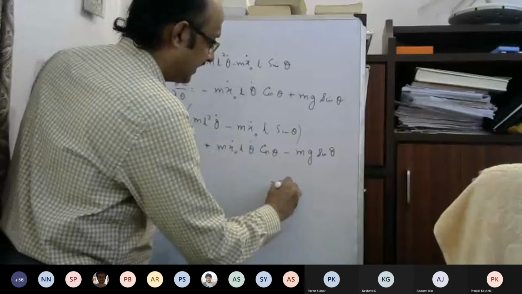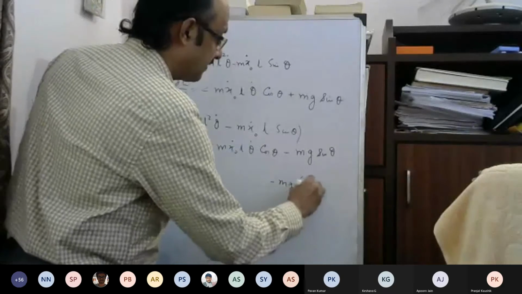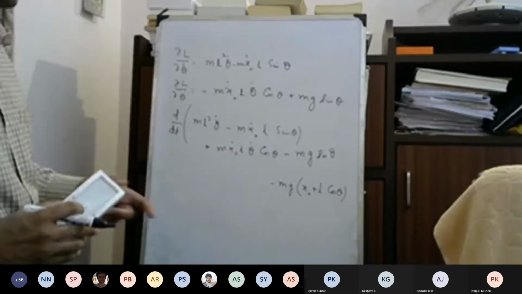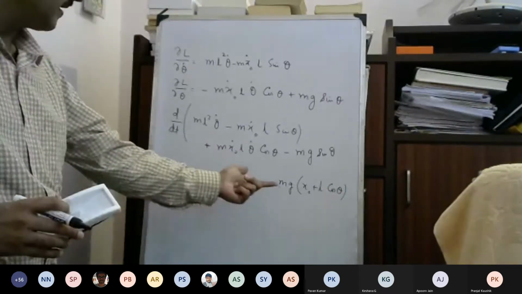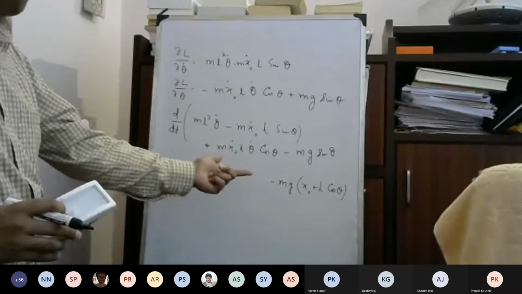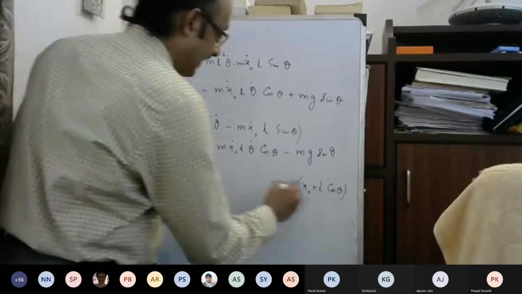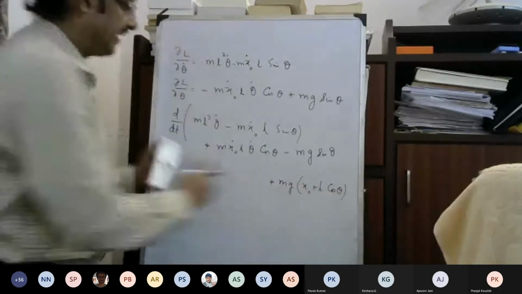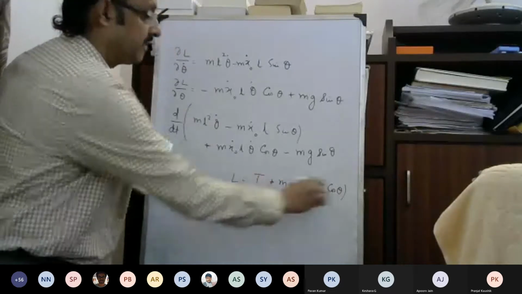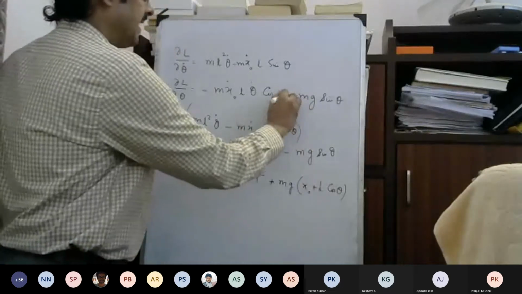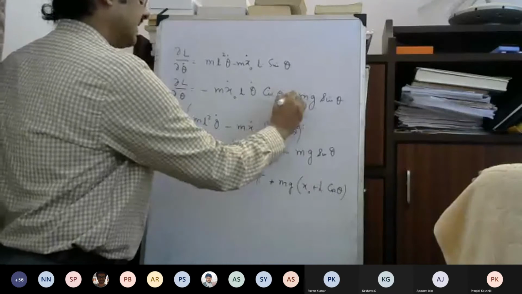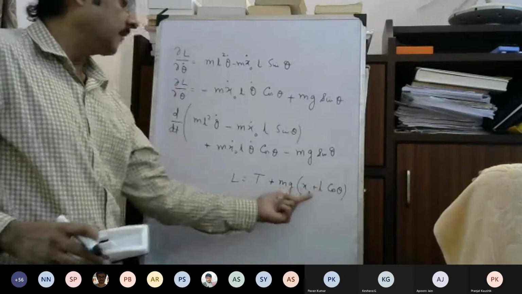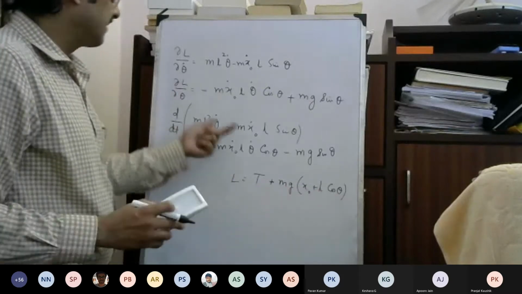When you check, this was minus m g times x naught plus L cosine theta. So del L del theta was the plus term, but L is equal to T minus U, so there is a sign change. So this will be plus m g sine theta.